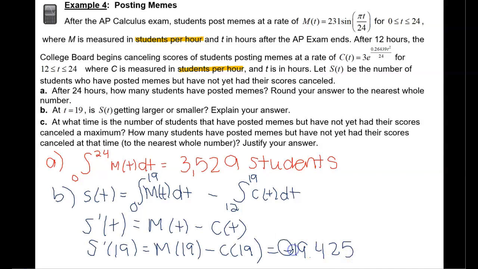What I care about is the negative. If the derivative is negative, then the amount of students is decreasing. So since S prime of t is less than 0, S of t is getting smaller at time t equals 19.